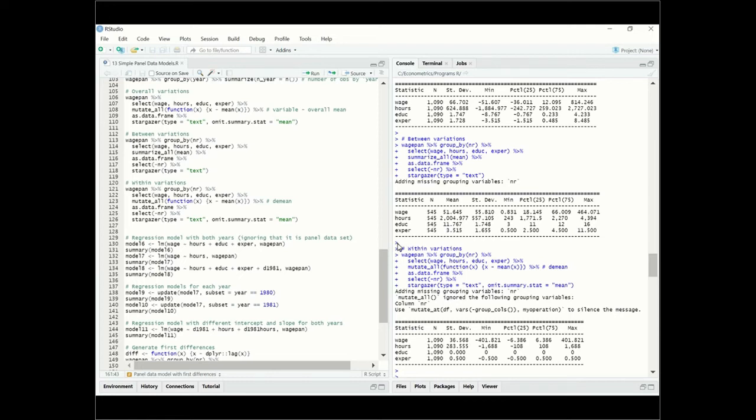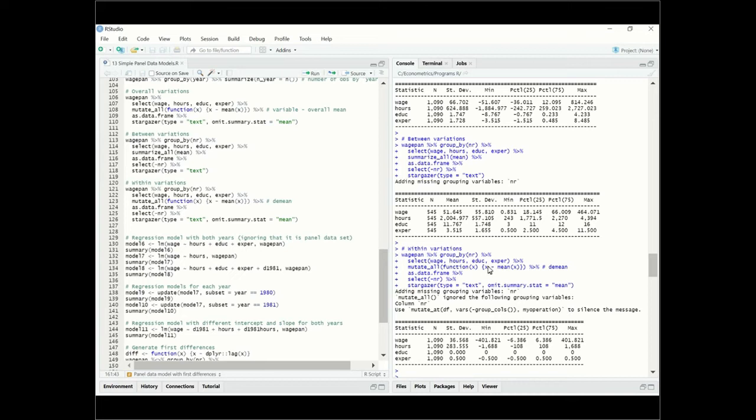Finally, we have the within variation. So here what we're going to do is group by person ID again, and select the different variables that we're interested in. But here for function x, we're going to be using x minus the mean of x. This mean of x is actually grouped by individual, since we already grouped the data by individual. So this mean of x is the mean for each individual.